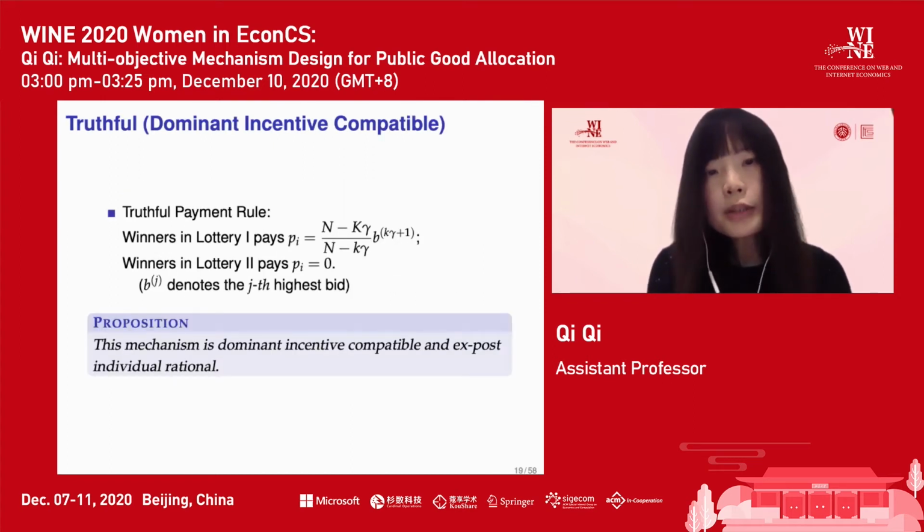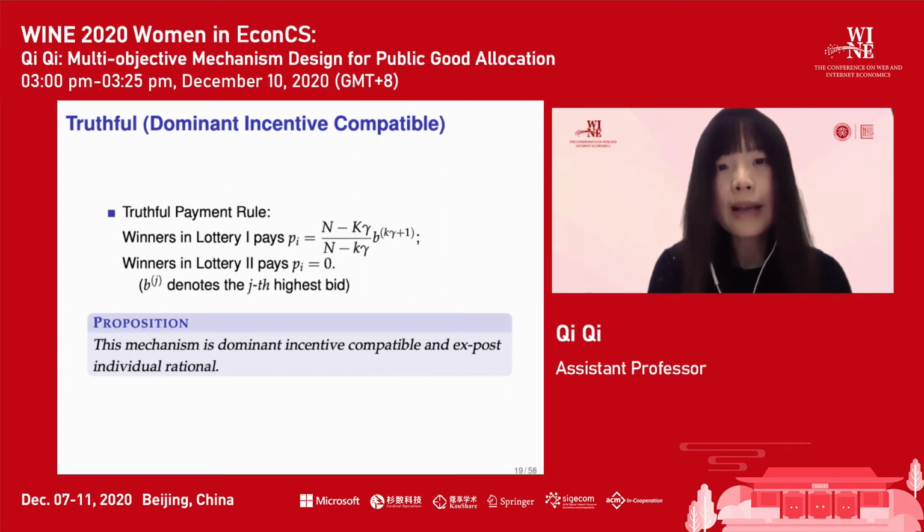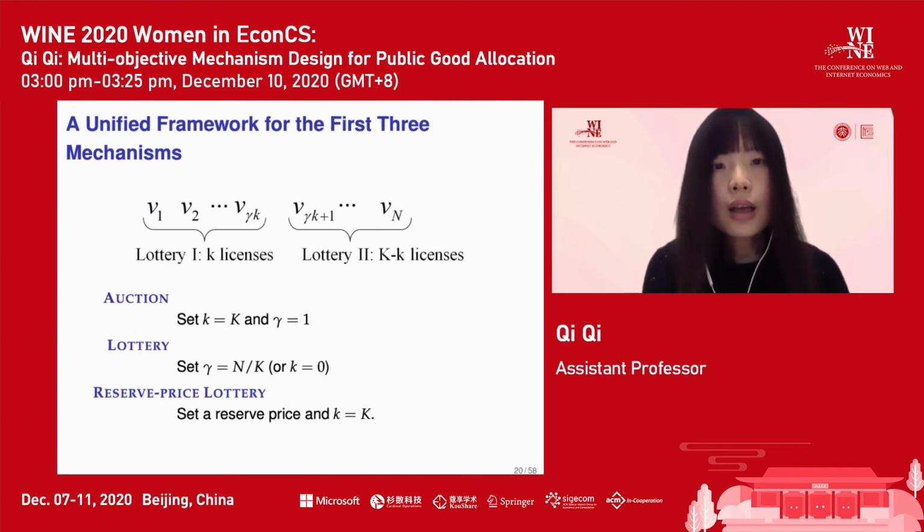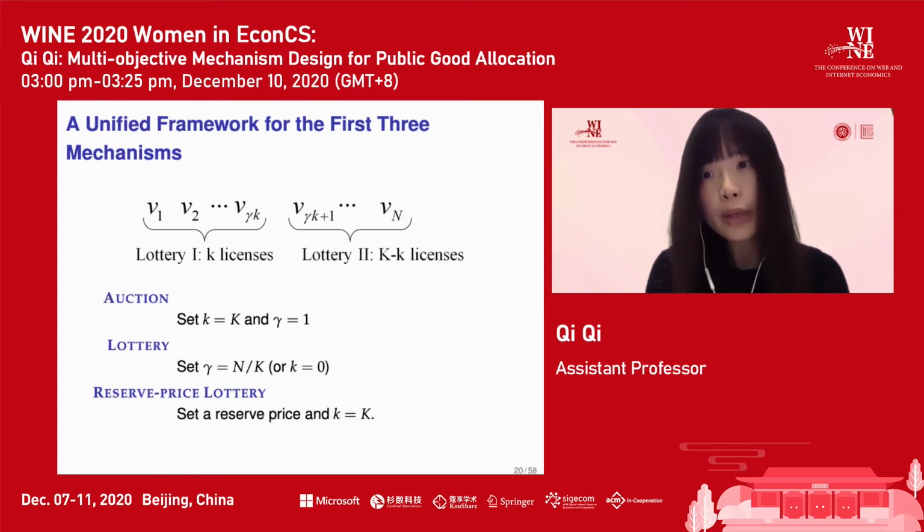The corresponding transfer payment rule is not difficult to find. We just follow the traditional way, and we can write down the formula for the transfer payment. The first thing I want to mention is that this two-group mechanism can already unify the three mechanisms we are using now. It already includes the auction, the lottery, and the reserve price lottery.